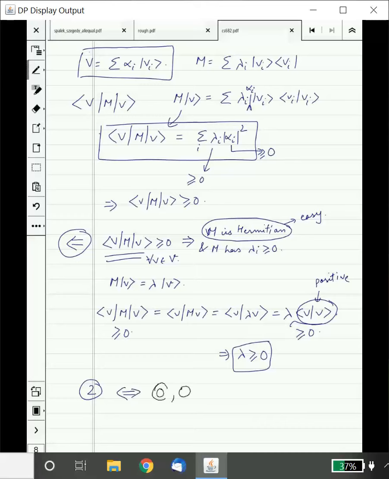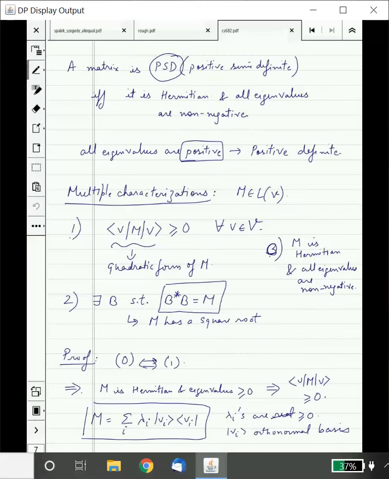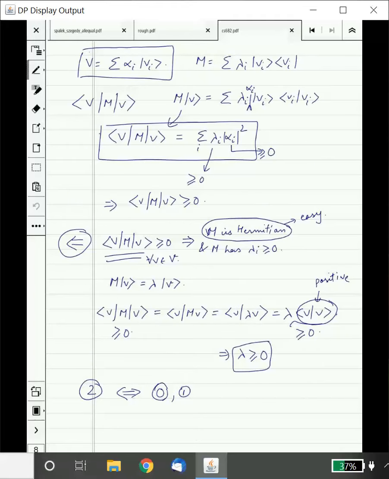We know that 0 and 1 are equal. I will just remind you of condition 2. Condition 2 says that M has a square root, and you want to prove that that is the same as the positive semi-definiteness condition.